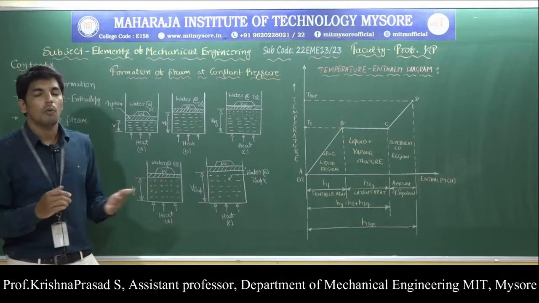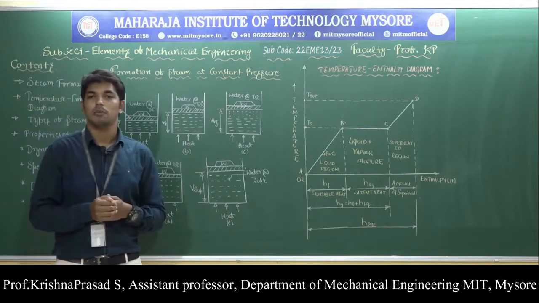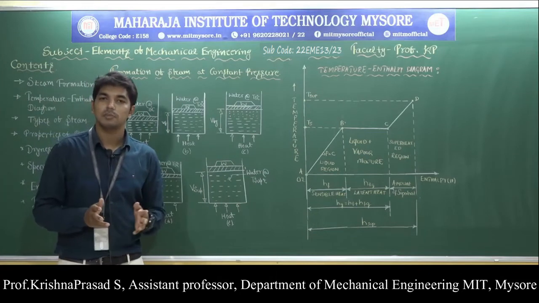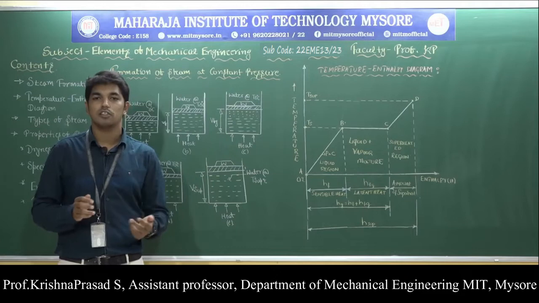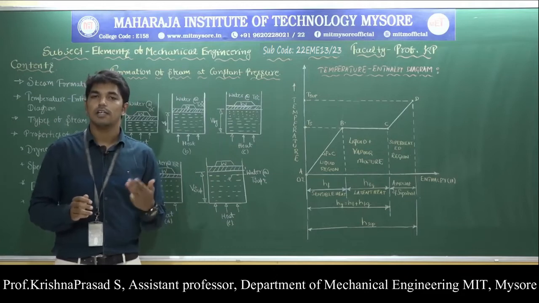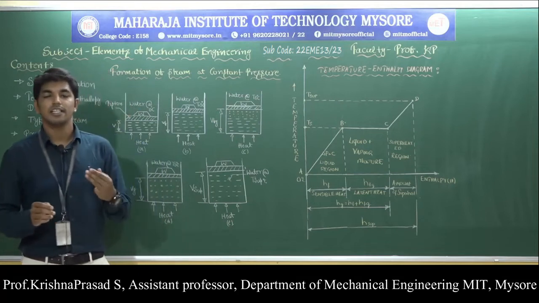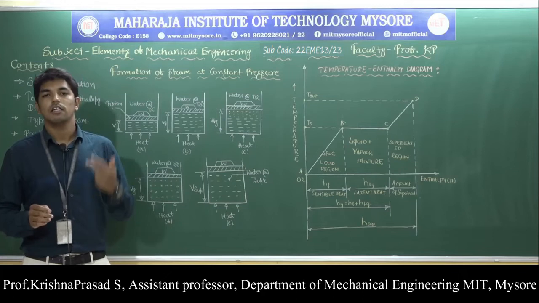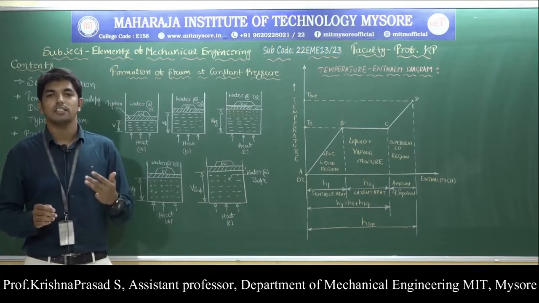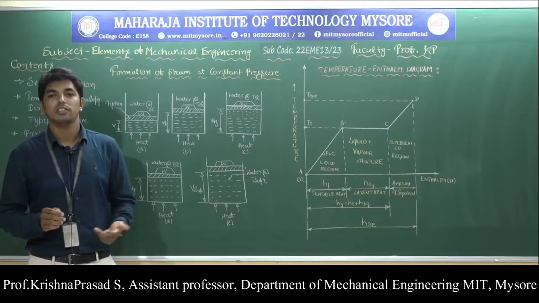Before going to the steam formation, first we need to understand what is meant by steam. We all know that all substances, under suitable conditions of temperature, exist in three states of matter, that is solid, liquid and gas. But water is one of the pure substances that exists in all three phases. That means it exists as ice in the solid phase, as water in the liquid phase, and as steam in the gaseous phase.